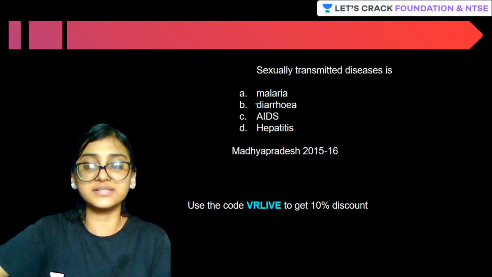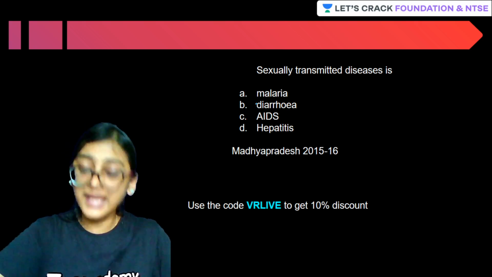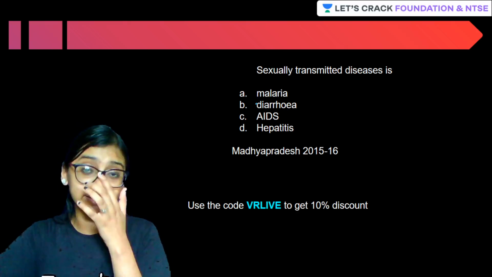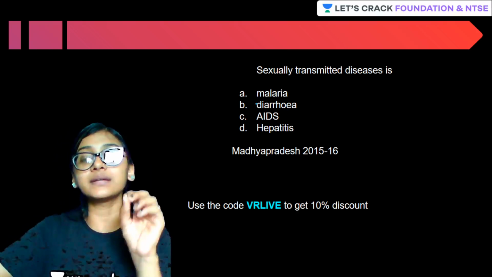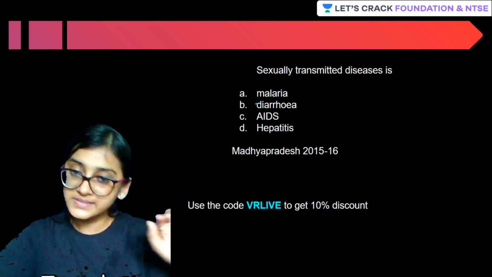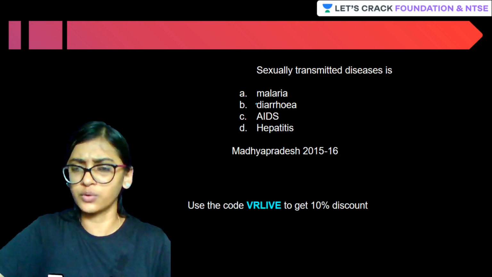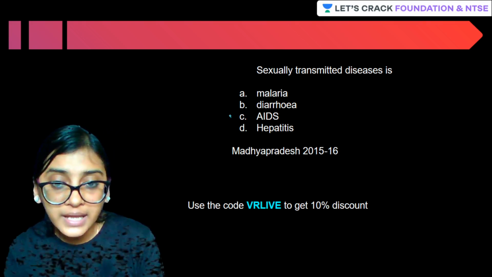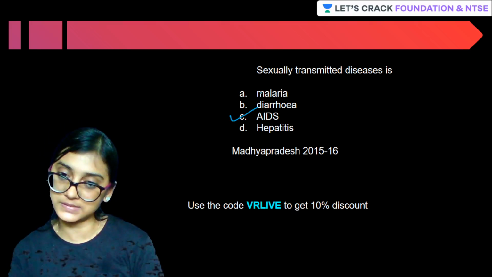And hepatitis is of many types: A, B, C, D, E. Only hepatitis B and C are sexually transmitted; the rest are foodborne or waterborne. So the most correct answer here is AIDS, because it is exclusively a sexually transmitted disease.